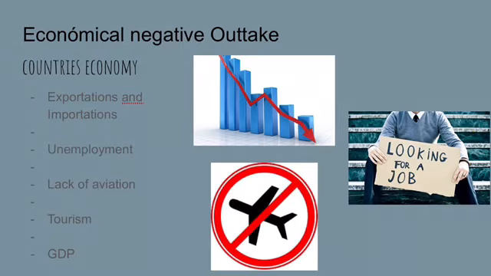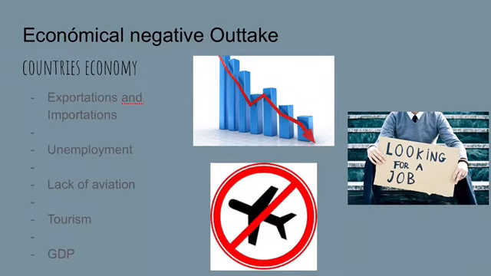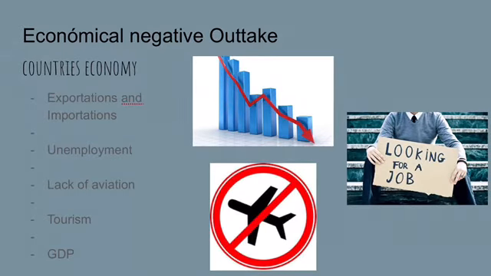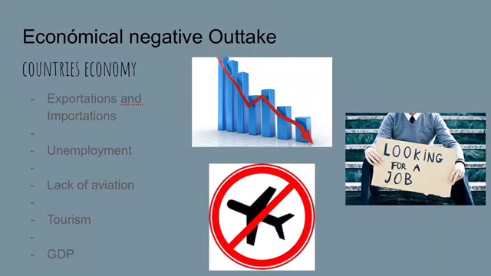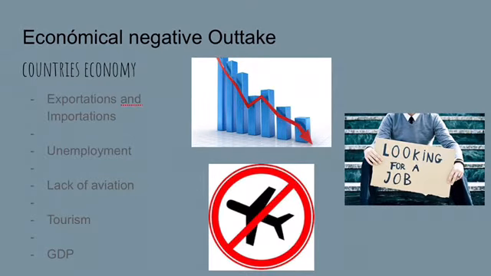Even if COVID-19 brings some positive outtakes to the world, we can mostly see negative ones. For example, in the economical aspect, we can see that countries' economies are decreasing or getting worse based on the lack of exportations and importations or problems that come with them. There's also a rise in the number of unemployment.